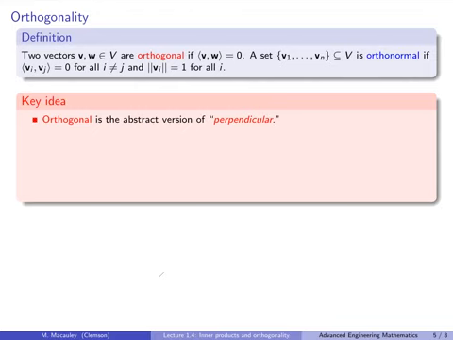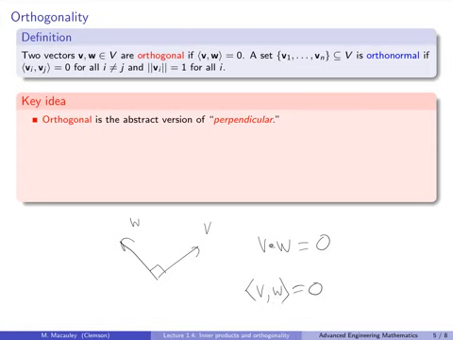So in Rn, two vectors, v and w, are perpendicular if and only if their dot product, v dot w, is 0. That's what we want to capture by the notion of orthogonality. In a generalized dot product, which is an inner product, we say that v and w are orthogonal if and only if v dot w is 0.